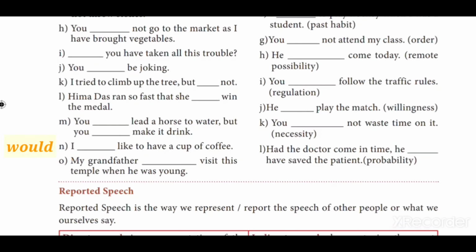Here the answer is would. And the next one is O. My grandfather dash visit this temple when he was young. Here the answer is used to, because you have a clause, when he was young, it refers to the past habit. We are moving on to task number 2.